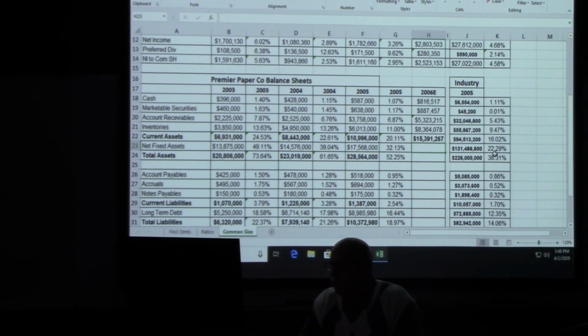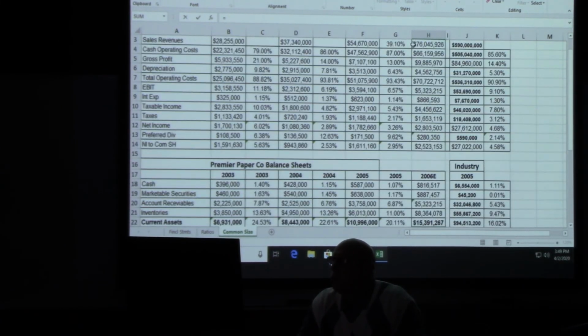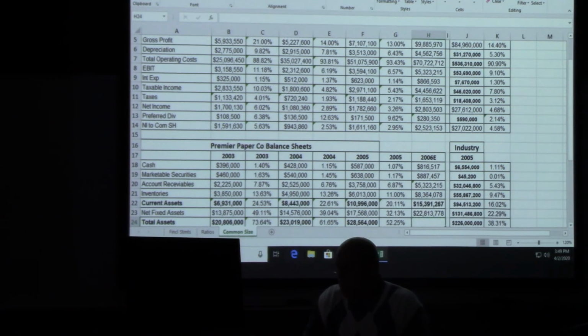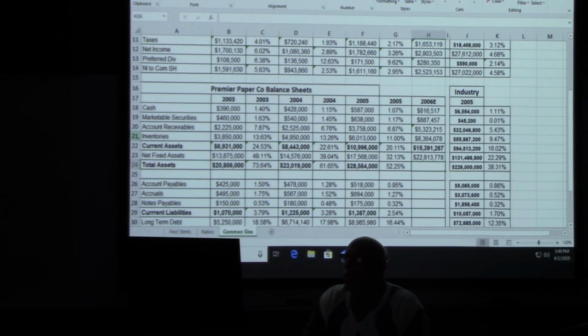32% versus 22%. I don't know, let's take this to maybe 30%. Equals our sales number times 0.3. Now, if we were doing this in real life, we'd have to visit with management about the trends in these numbers and what management is planning for. Okay?